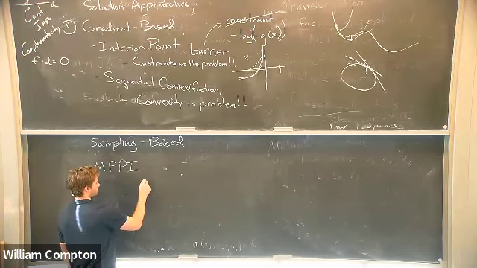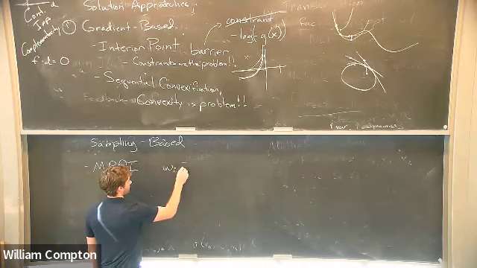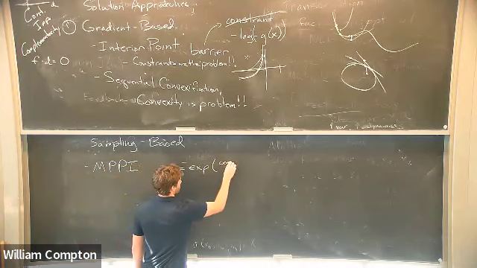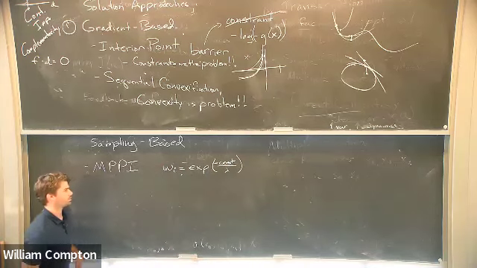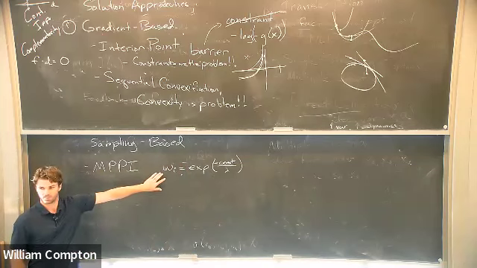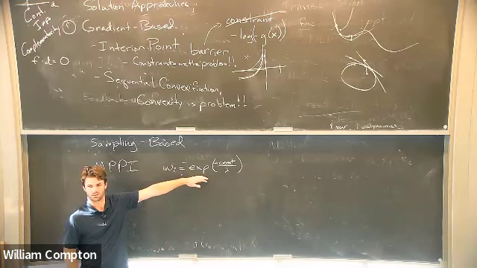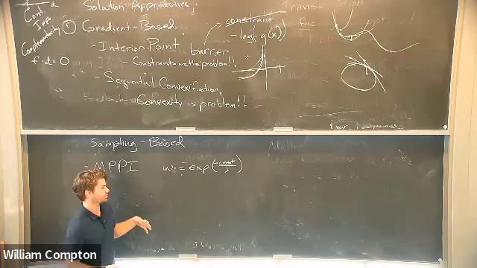MPPI will sample a bunch, and then it will compute the weight of the ith sample to be the exp of minus cost over lambda. So basically, it will take each sample, compute a weight via this exponential of cost over lambda, and then take a weighted average of all the samples.